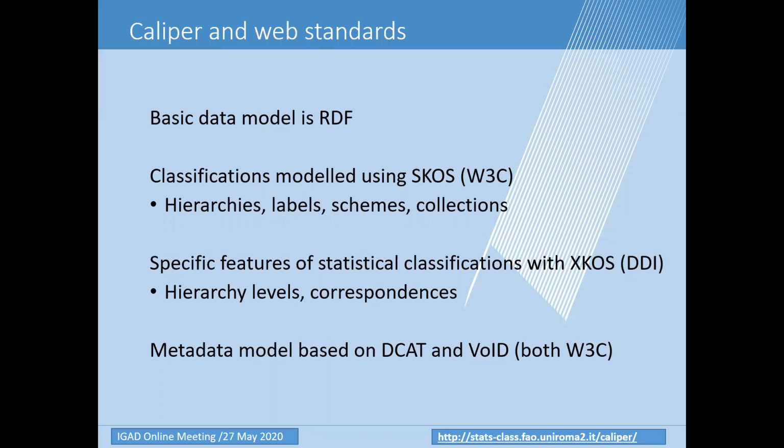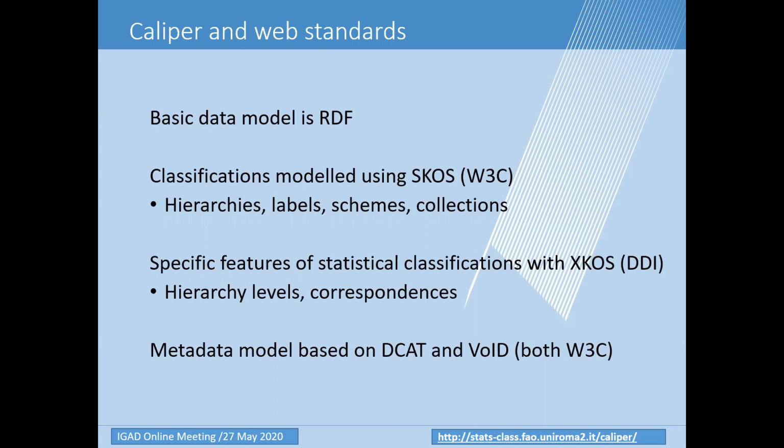And if you are interested in this type of detail, the hierarchy, the names and labels, and the notion of classification, they all come from there. And then we add, beyond SKOS, a specific resource for statistical classifications published by the Data Documentation Initiative. It's a very important institution for statistical data. Hierarchical levels and correspondences come from them.